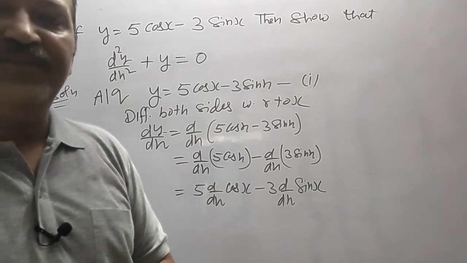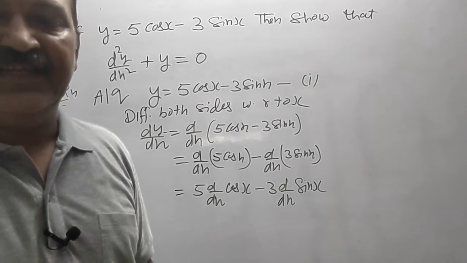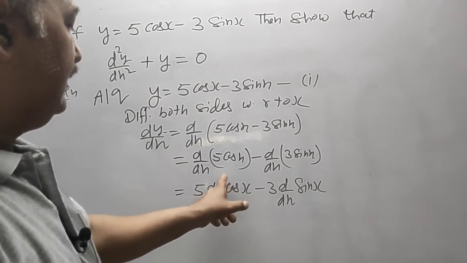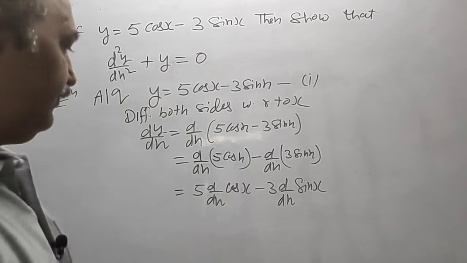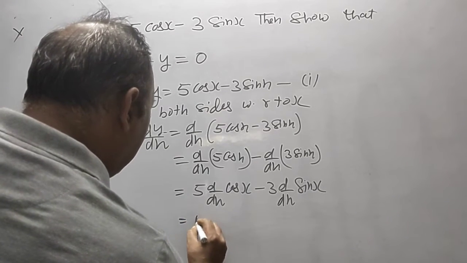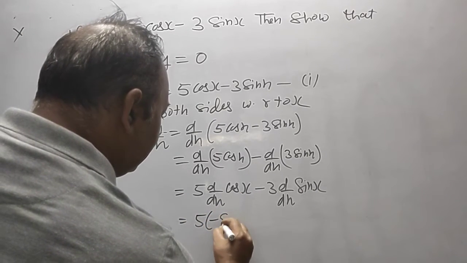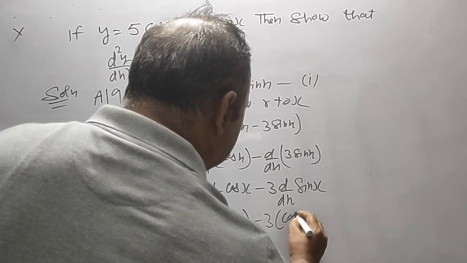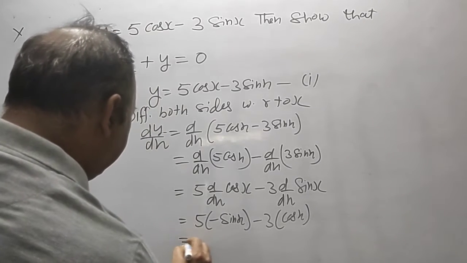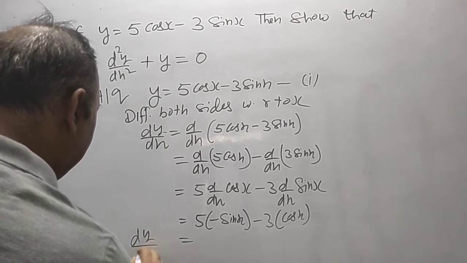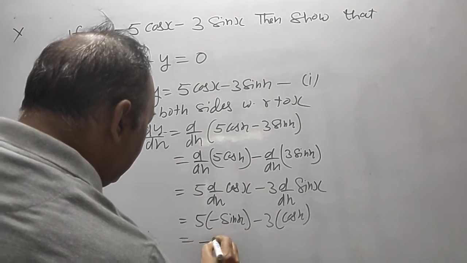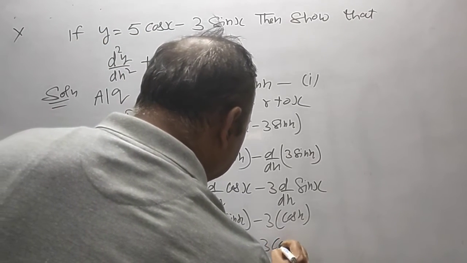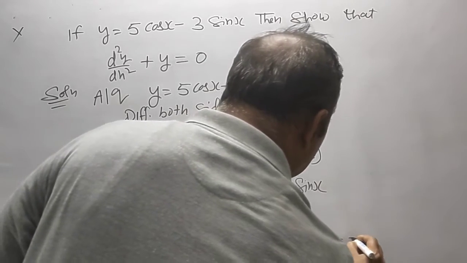Applying the formula of derivative of k into f(x) is equal to k outside and derivative of f(x), it becomes 5 into derivative of cos x is minus sin x minus 3 into derivative of sin x is cos x. And therefore we get dy upon dx is equal to minus 5 into sin x minus 3 into cos x. That is equation number 2.